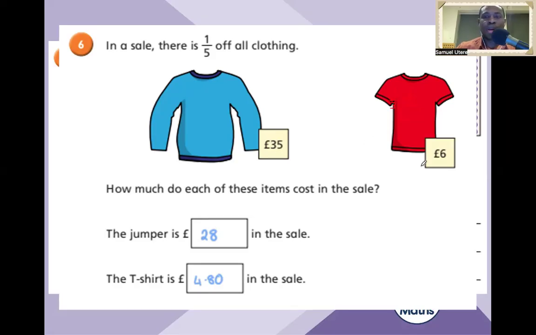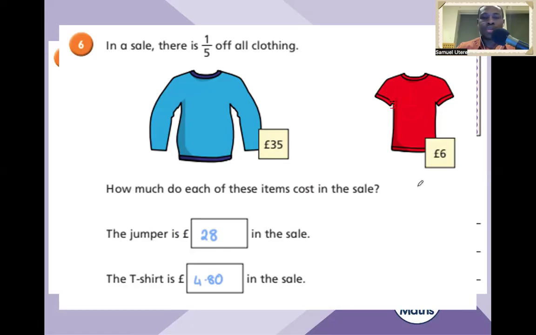And here we have it. How much do each of these items cost in the sale? So we'll do 1/5 of the price. So 1/5 of 35 will be £7. So we'll do 35 minus £7, which will be £28 in the sale.